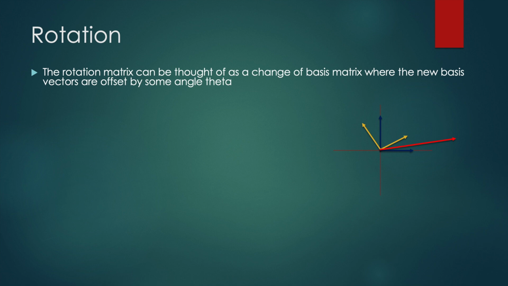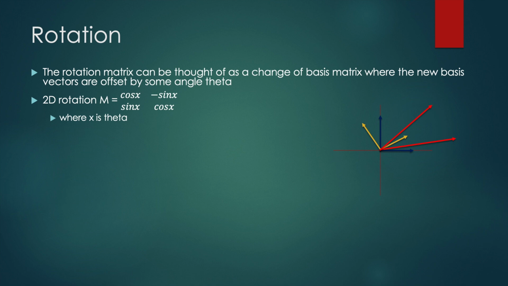And then if you take a linear combination of these two new basis vectors using the original point, that has the effect of rotating the point into the new basis. So with this intuition, we can set up a rotation matrix in 2 dimensions by using the new basis vectors as the column vectors of the matrix.